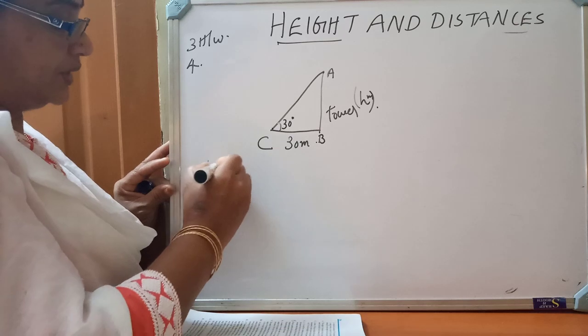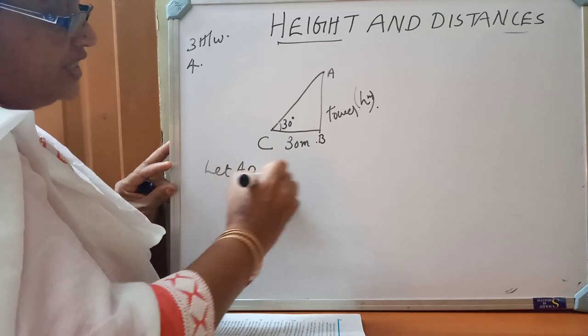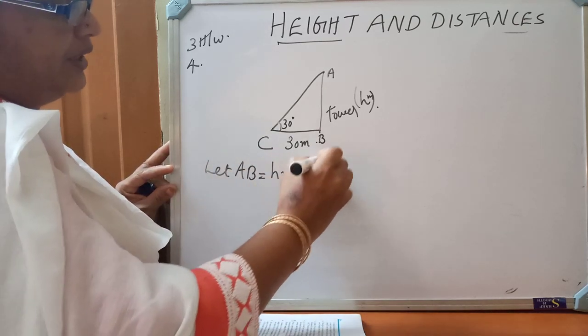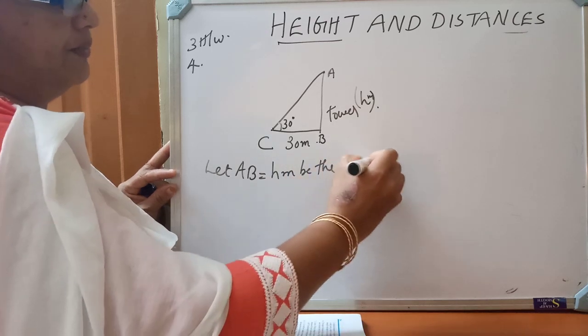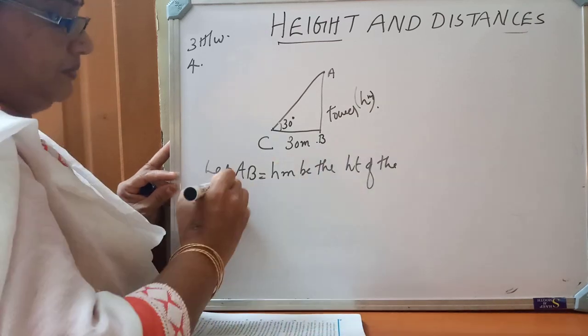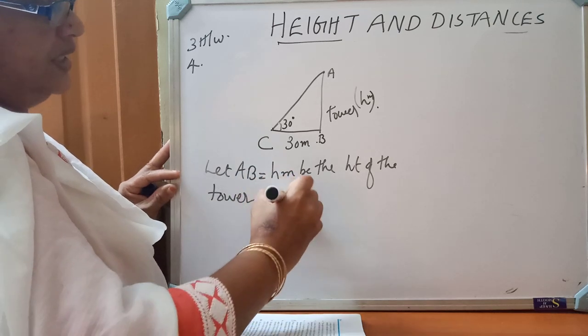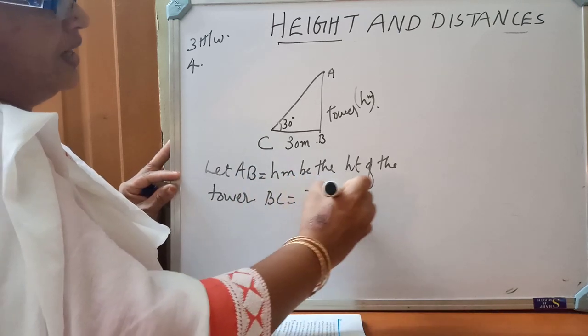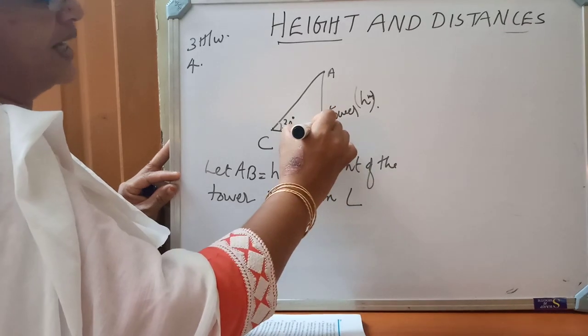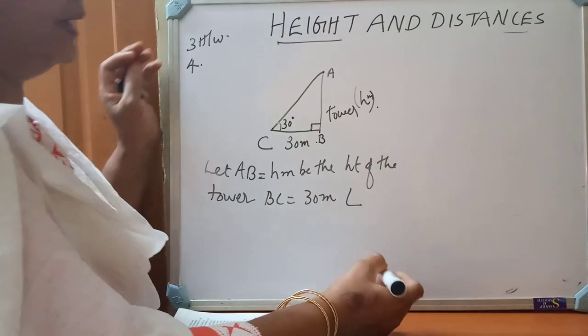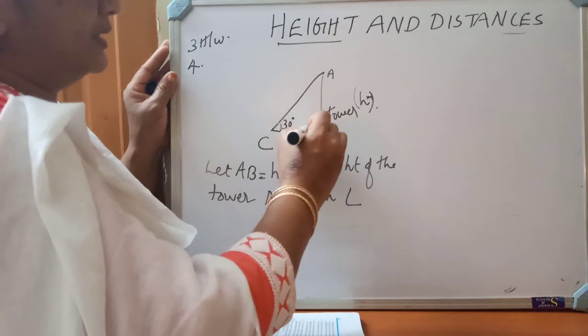So let AB is equal to h meter be the height of the tower. And BC is equal to 30 meter. Angle B, this is always a right angle. Okay, you must put the symbol of 90 degree, the right angle symbol you have to put.